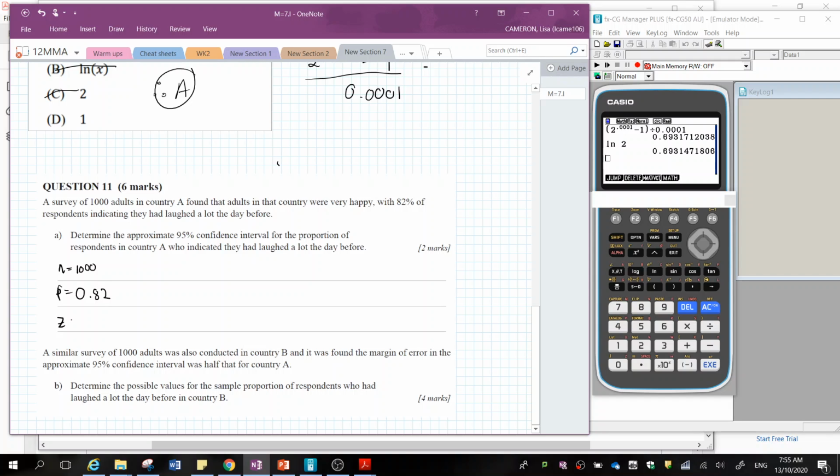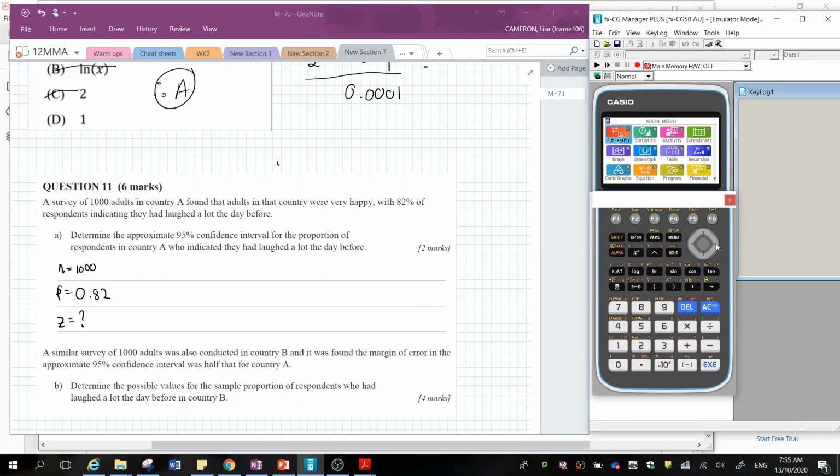Okay, so in order to be able to work out the confidence interval, we need to find our z-score. So I'm going to go to our statistics function, and distribution, we're looking at the normal distribution because z-scores are normally distributed. Now, we're trying to find the z-score, so we're going to use the inverse norm.